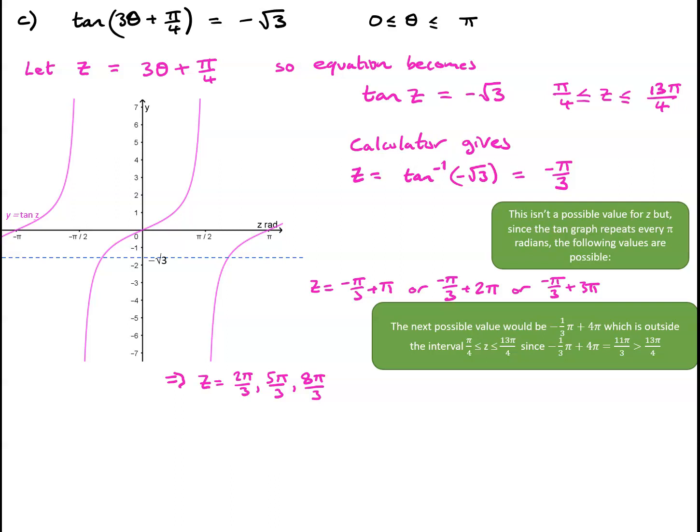Now we've got to remember at this stage, though, that z is equal to 3 theta plus pi by 4. In other words, theta is 1/3 of z minus pi by 4, or equivalently, it's equal to 1/3 z, take away pi by 12. So we can now calculate the corresponding values of theta.